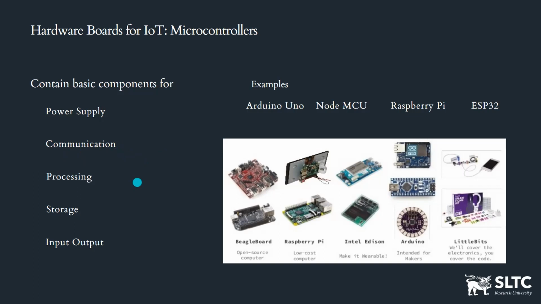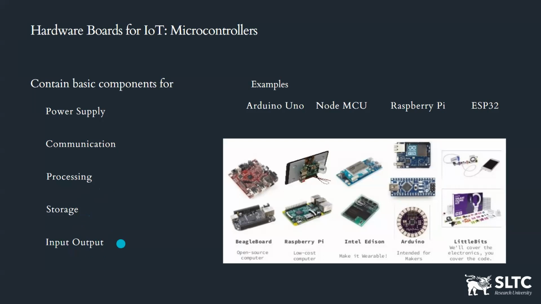And then we have a processing unit in there. We have to do some processing. We need to collect some data. We need to store them. So all that needs to be done, so a processing unit must be there. And then a storage unit, so some amount of storage must be allocated in the microcontroller board.